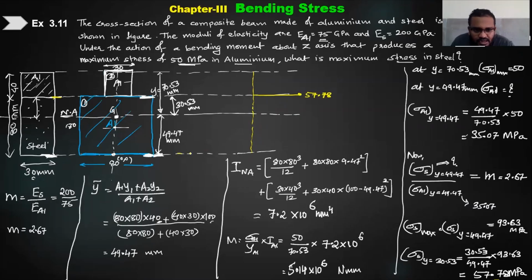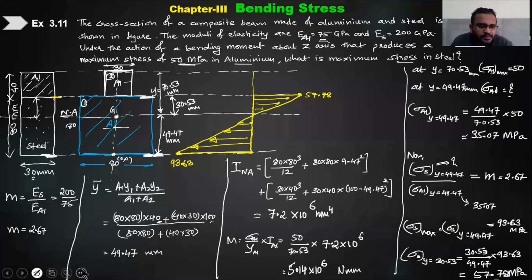So that means this will be 93.63 here, right? It is equal. And how will this be joined? Right? So this is my bending stress variation for steel. Are you getting this?